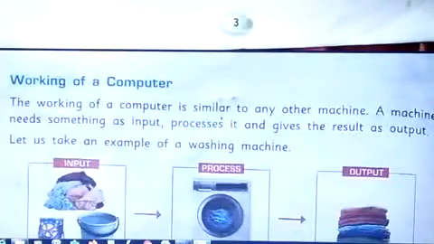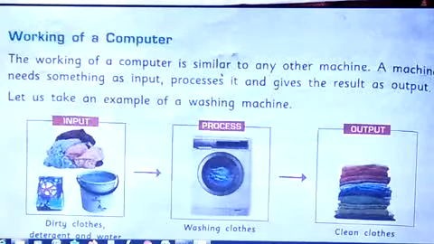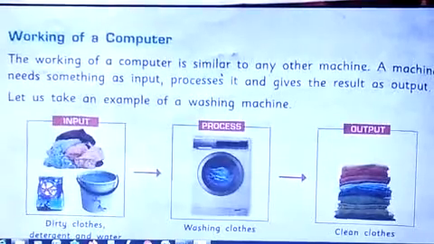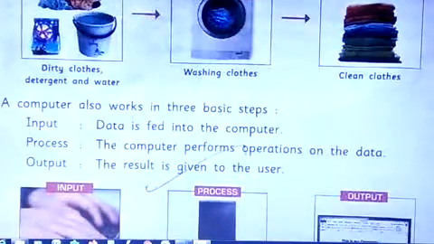Now the next topic is the working of a computer. As we know, a computer is similar to any other machine, but computers work on three basic steps. First is input, second is process, and the third is output.